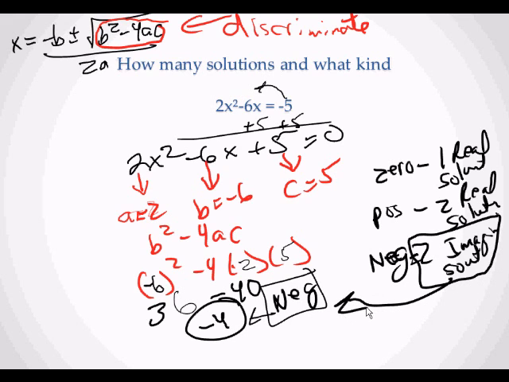Our answer was negative. It's a negative 4. So since it's negative, our answer is we have 2 imaginary solutions. If it was positive, you'd write 2 real solutions. If it was 0, you'd write 1 real solution. But since it's negative, we write 2 imaginary solutions.